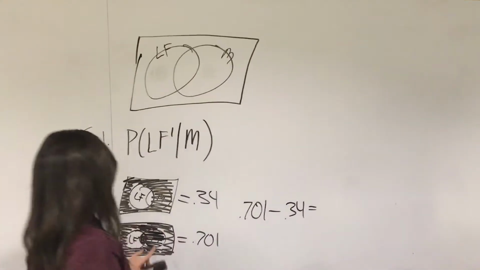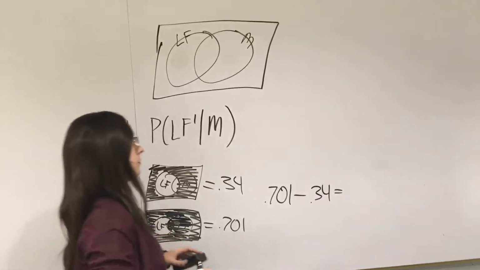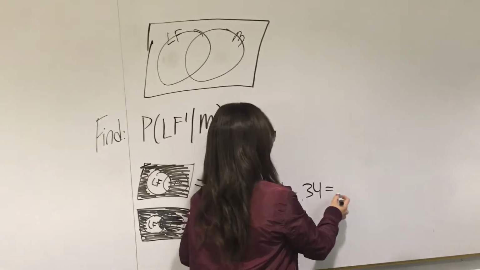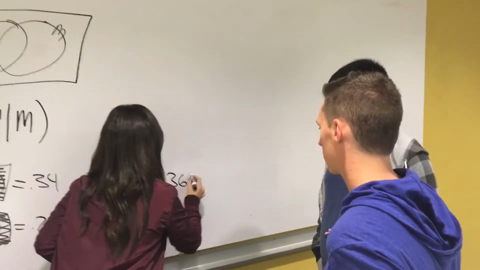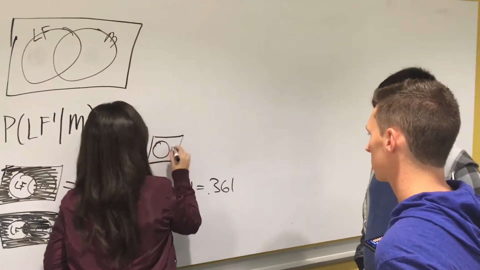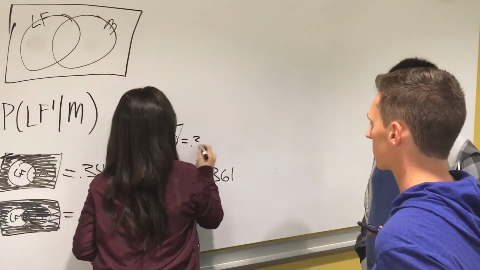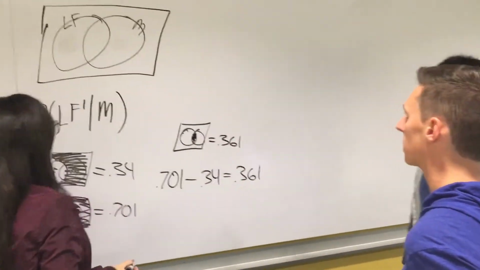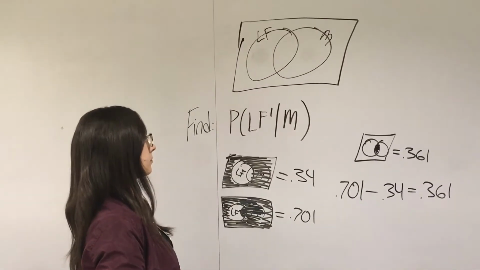And that'll get us just this overlap, which we call labor force and male. Okay, so what did that come out to, guys? 0.361. And so this 0.361 looks like this, right? Yeah, it's just that piece that's both male and labor force. It's the intersection there.